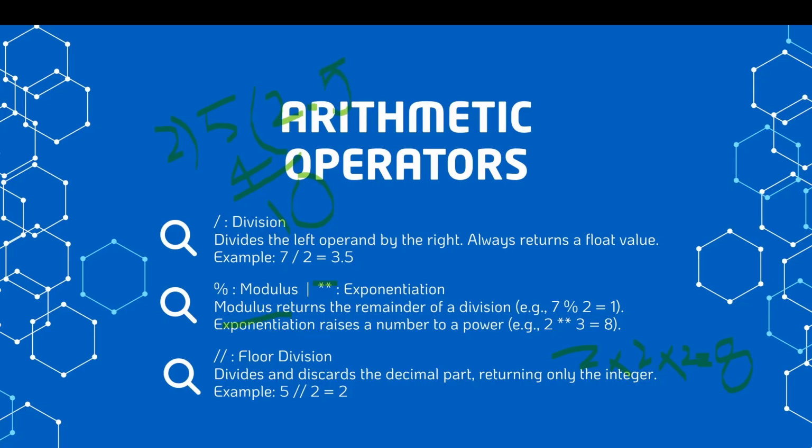If we do the same thing using the division operator, we get 2.5. But with floor division, 5 forward slash 2, we get the integer, which is 2 only. If we do the same thing with the division operator, we get a float value, which is 2.5. So let's see an example of floor division.